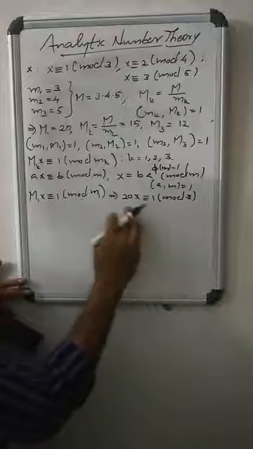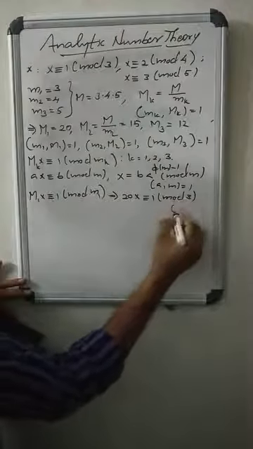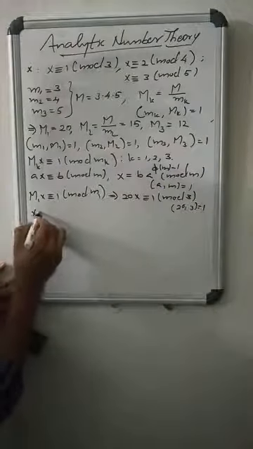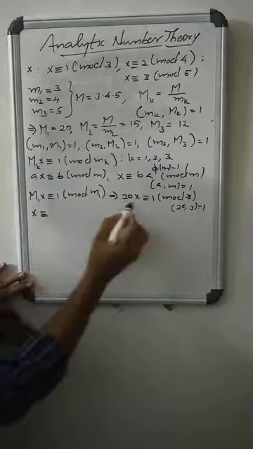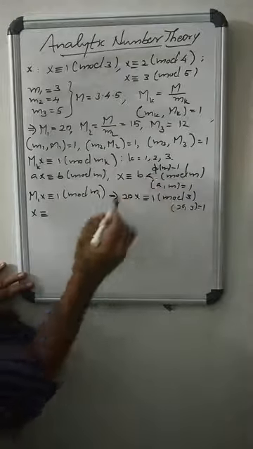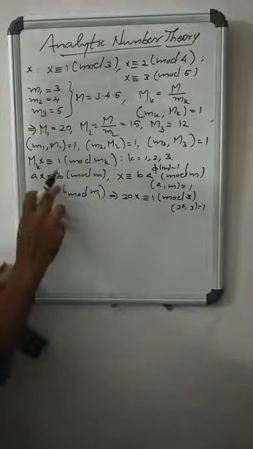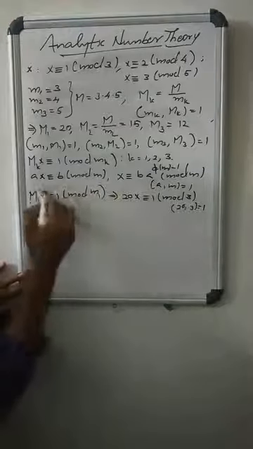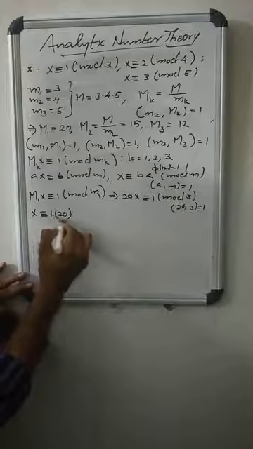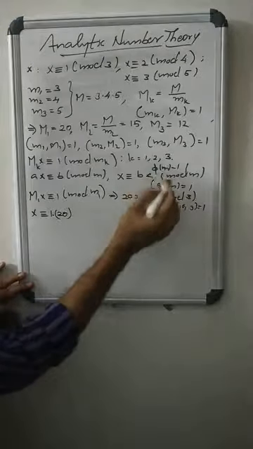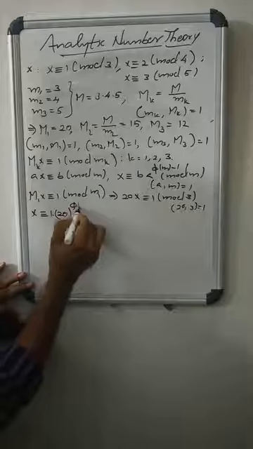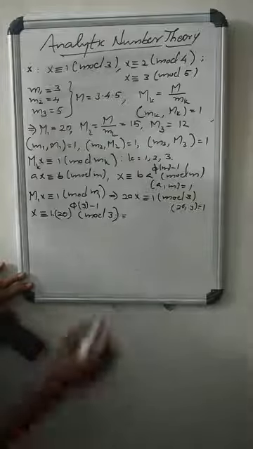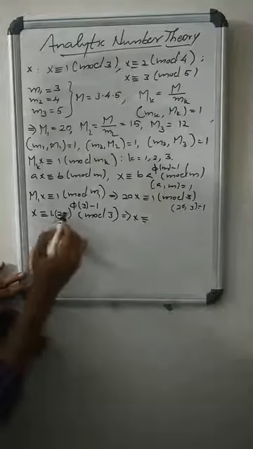Clearly, a and m are relatively prime: 20 and 3 are relatively prime. Therefore it has a solution x ≡ b·a^(φ(m)−1) mod m, where b is 1 and a is 20, so x ≡ 1·20^(φ(3)−1) mod 3.